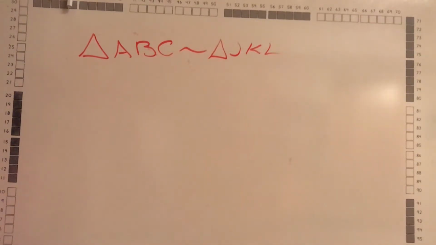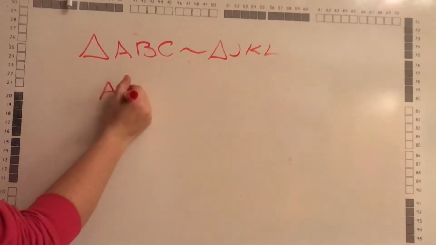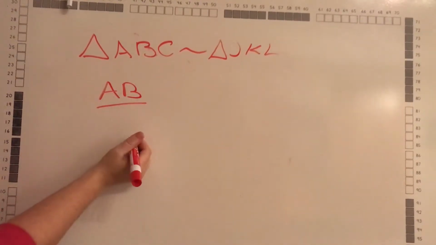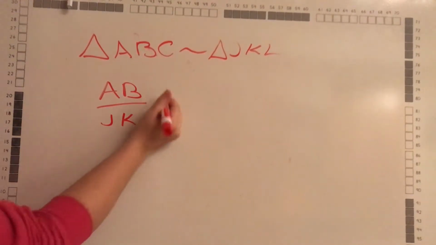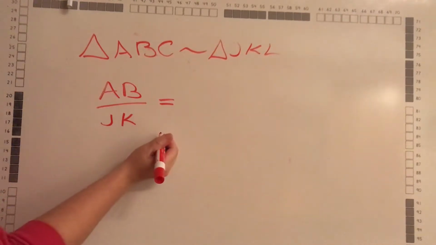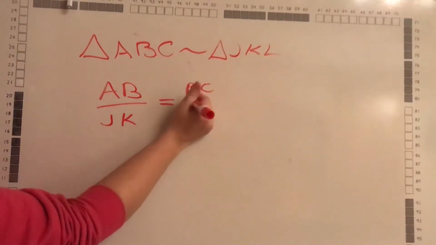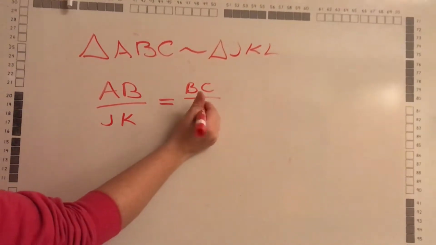Well, what we're going to do is use our ratios, solve using the cross products or cross multiplying, and then divide to get our unknown by itself. So step 1 is to find your ratios. They say that line AB is to line JK as line BC is to line KL.